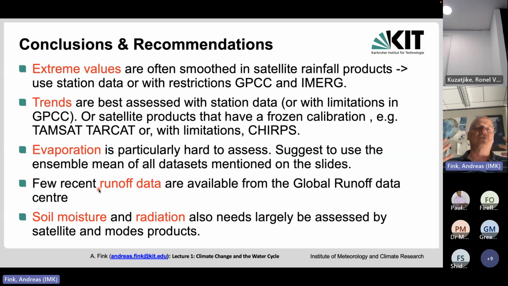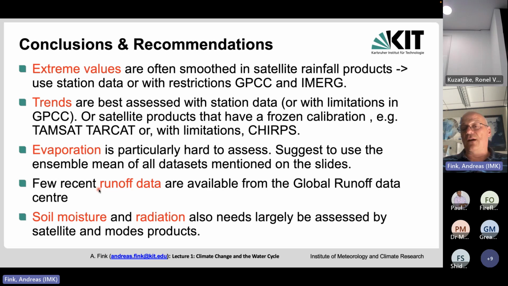If you are interested in trends, station data are also the way to go. You can use GPCC with limitations, but changes in the number of stations that enter the product are important. There's the TAMSAT product. They have a frozen calibration in infrared. Also CHIRPS has been used for trend analysis. Evaporation is particularly hard to assess.